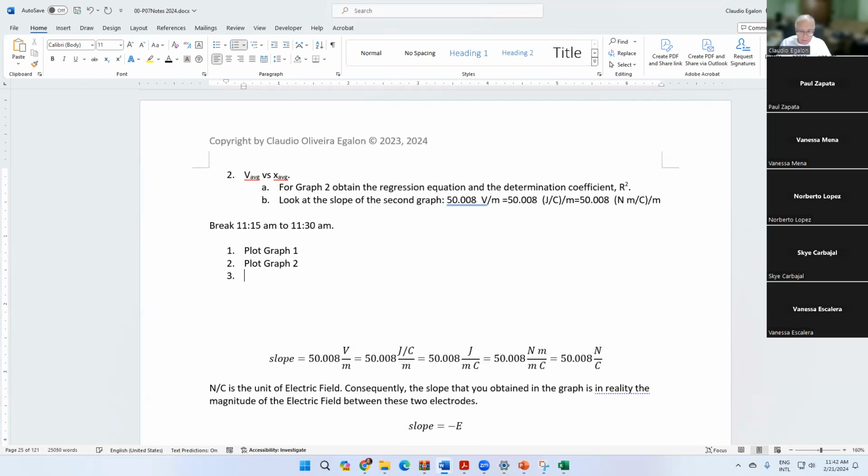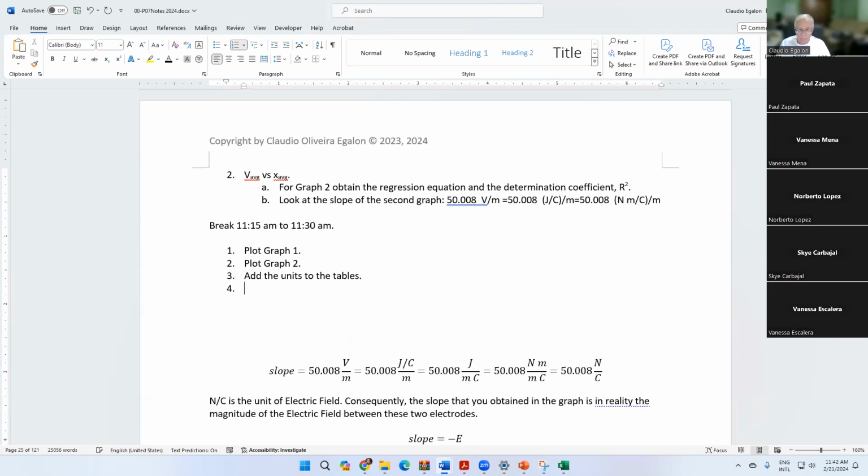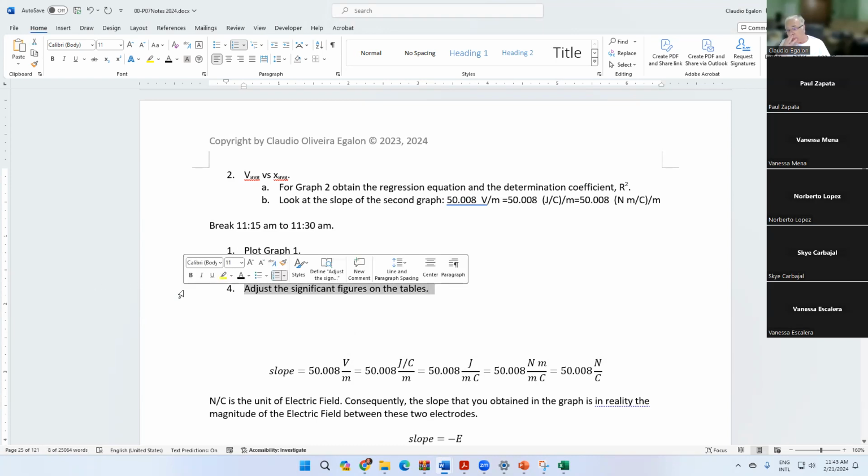What you're going to do next is add the units to the tables. Add units to the tables. Adjust the significant figures on the tables, and I'm going to show you how to do that.